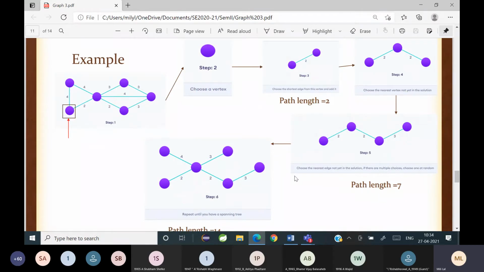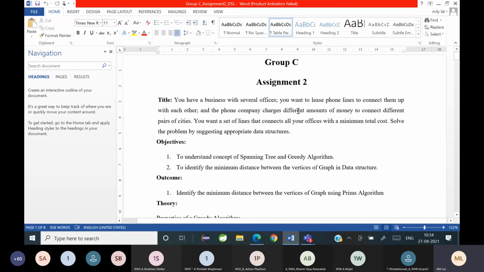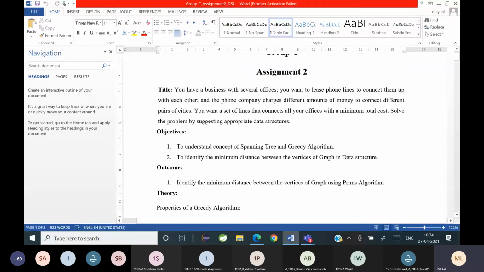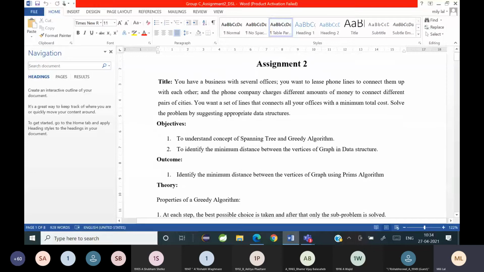Coming back to the problem statement, I've already explained our aim. We have a business with several offices and we want to connect them with phone lines, and the different companies providing services give different costs.